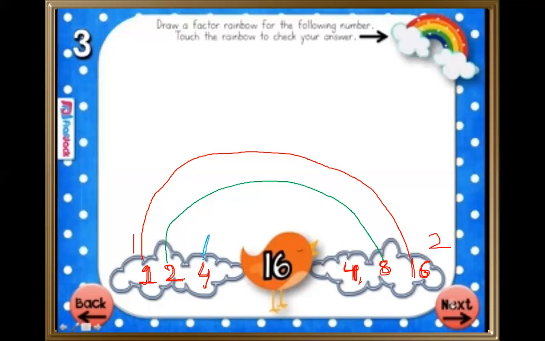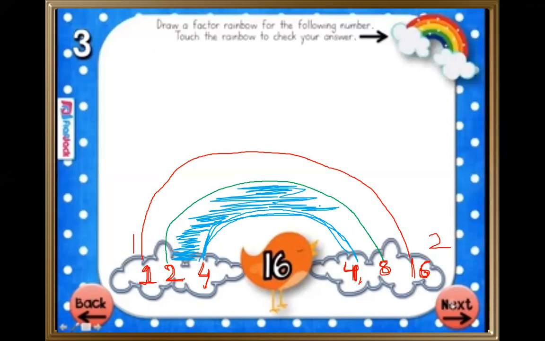I match the number 4 with the number 4. This is giving me 16. 4 4s are 16. Now I have to color this rainbow. Color the rainbow with the blue color.